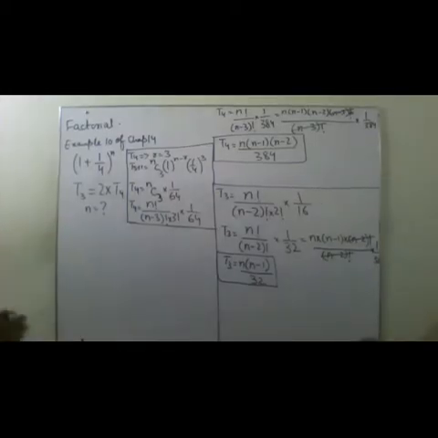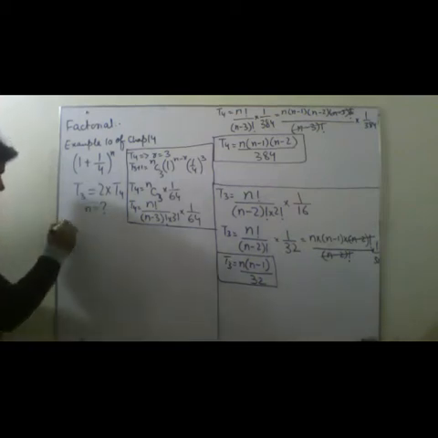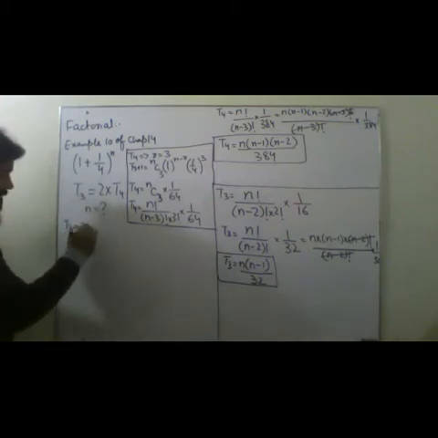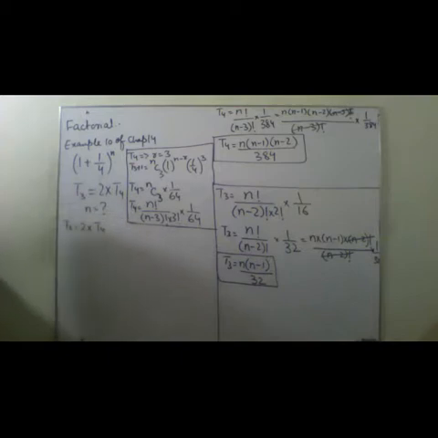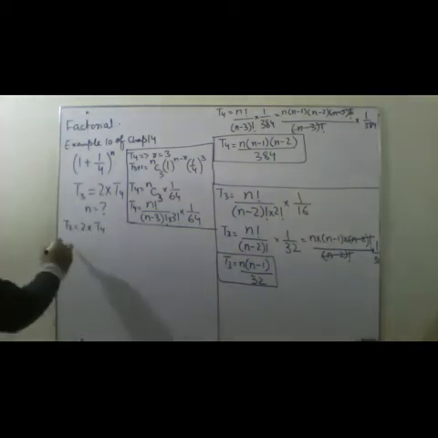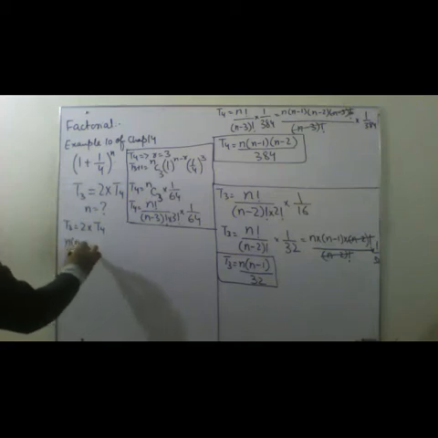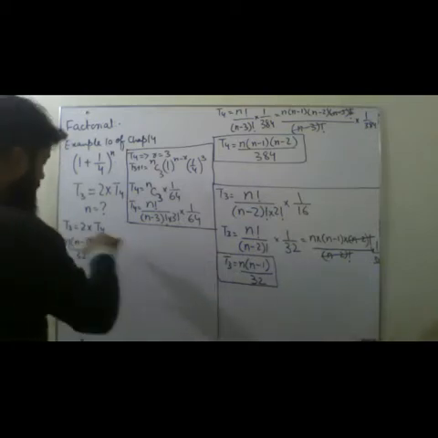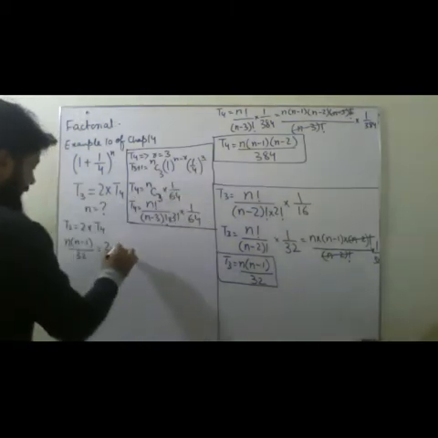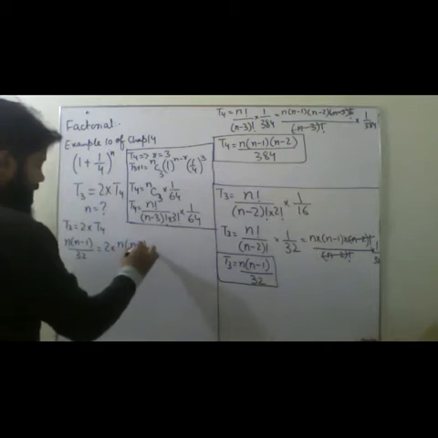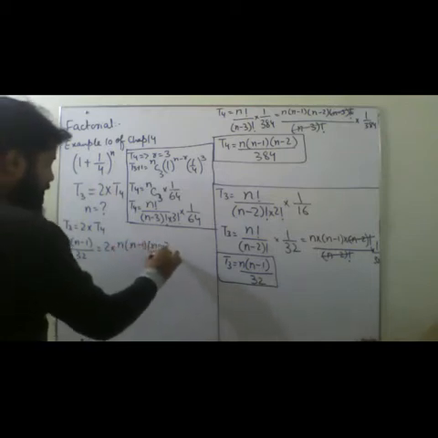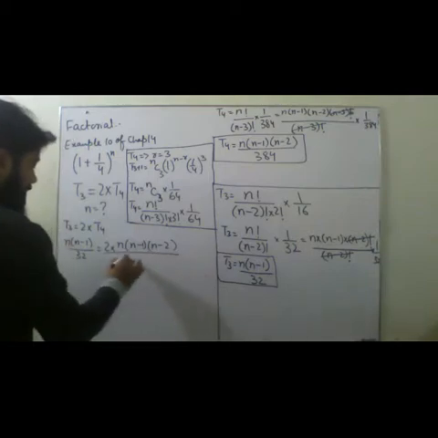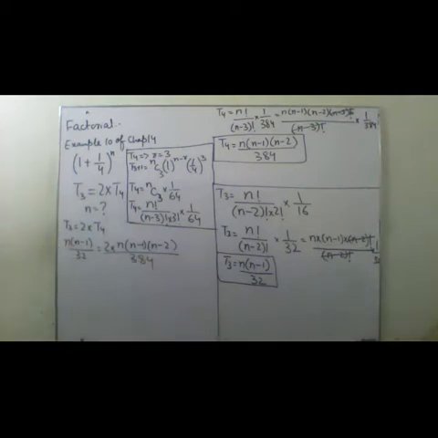Now they are saying that T3 is twice of T4. This is the thing given to me. So what is T3? n minus 1 over 32 equals 2 times the T4 value, which is n minus 1, n minus 2 over 384.